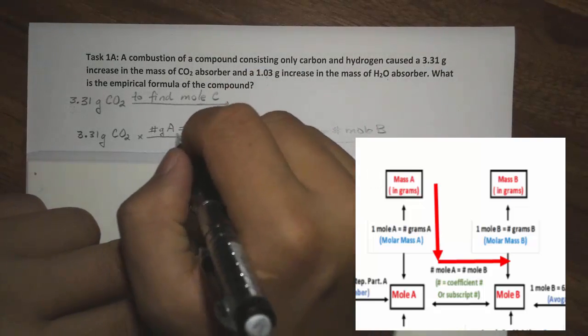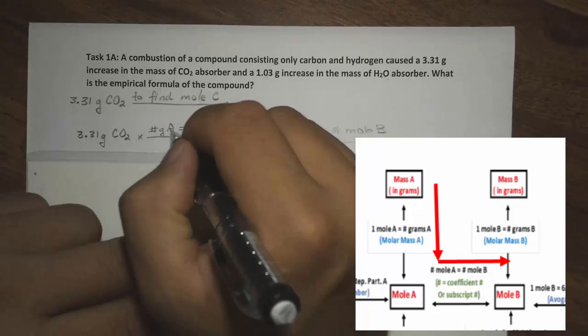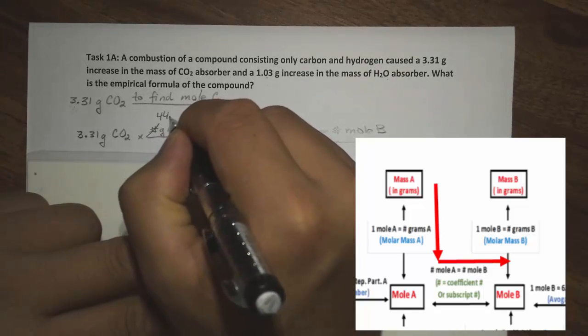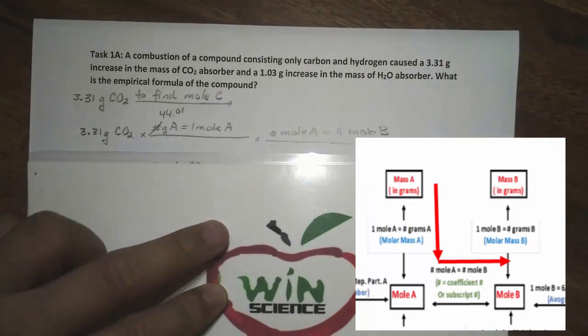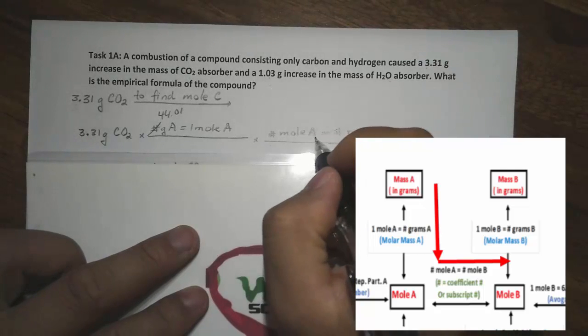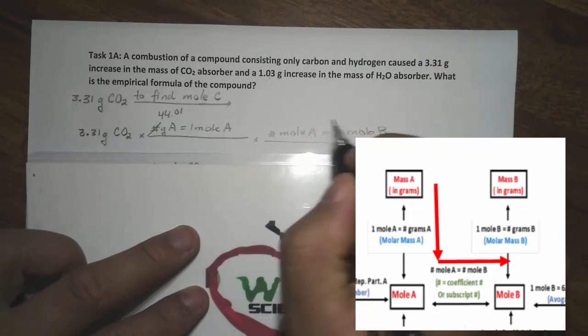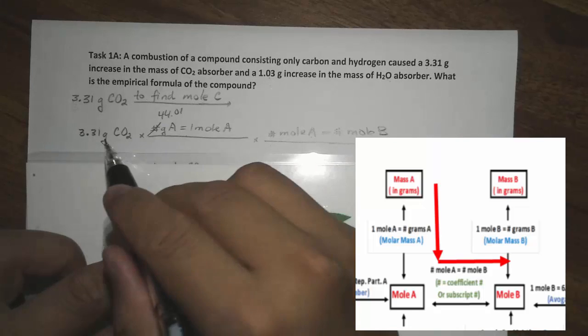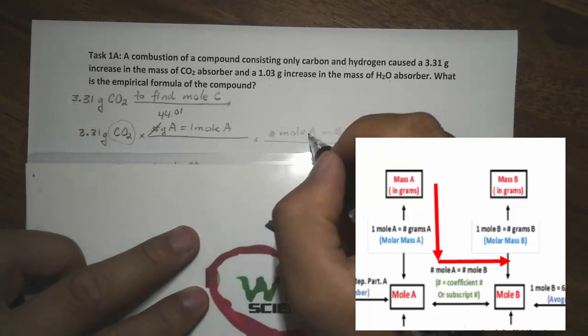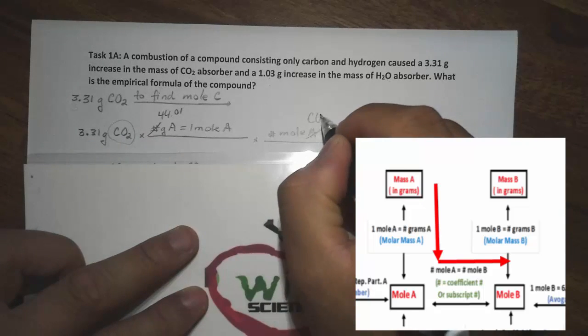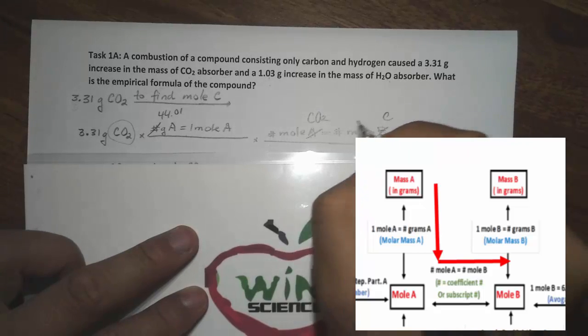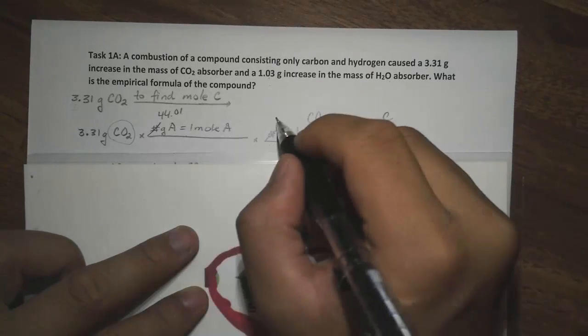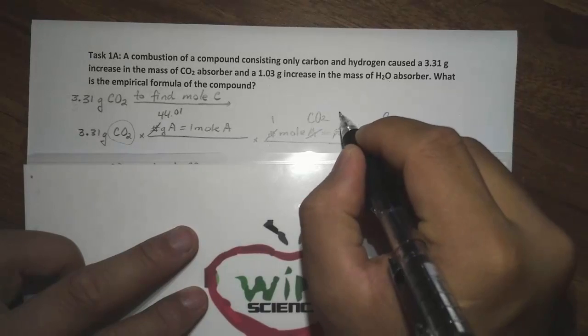And of course, the molar mass of carbon dioxide is 44.01. And for the mole ratio, it's basically moles of B over moles of A. In this case, A is the given, CO2, and B is carbon. So for CO2, just 1, and for carbon, just 1.